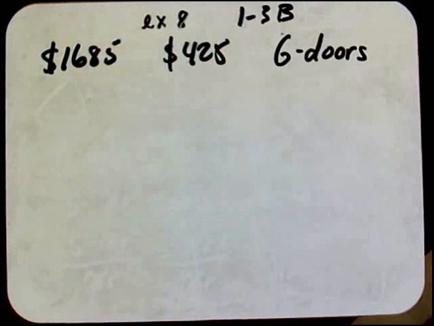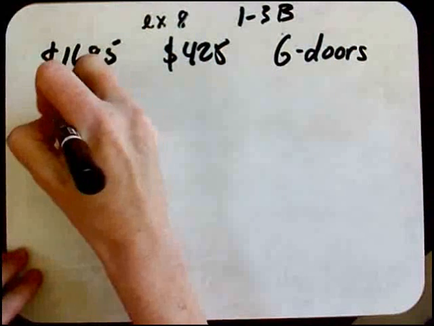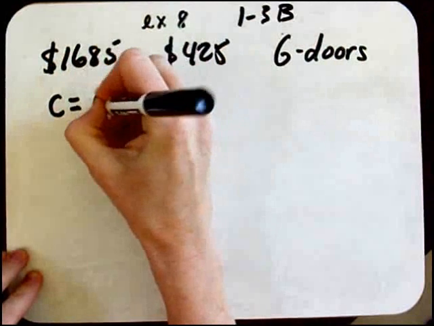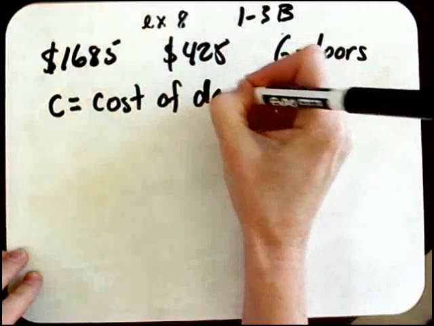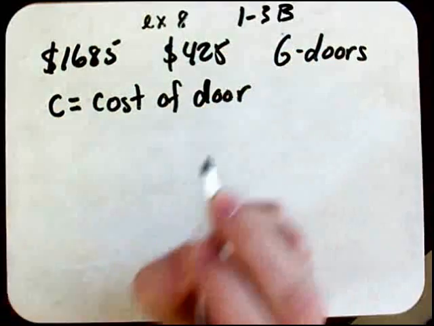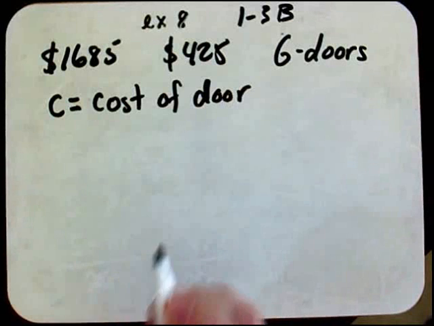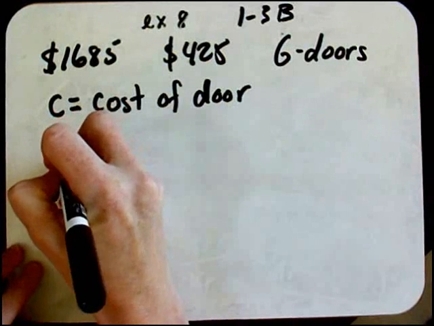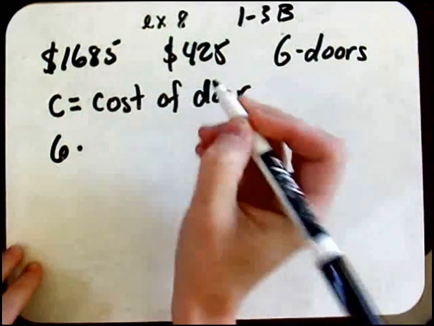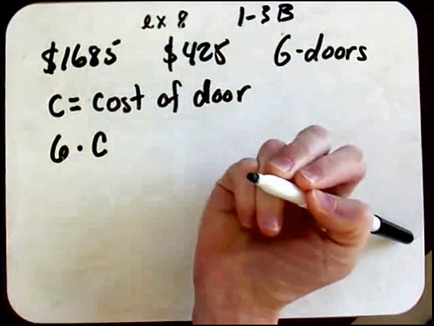So looking at this, it says explore. Let C equal the cost of each door. Now let's write a plan. We'll write and solve an equation to find the value of C. We know the number of doors: we need 6 doors times the cost C for each one.